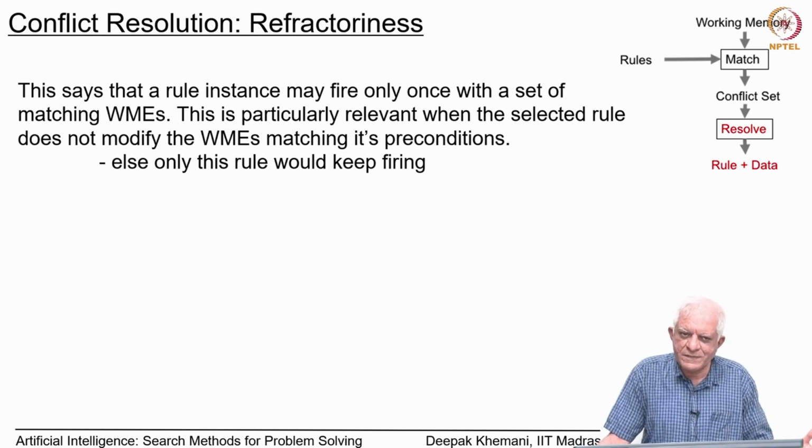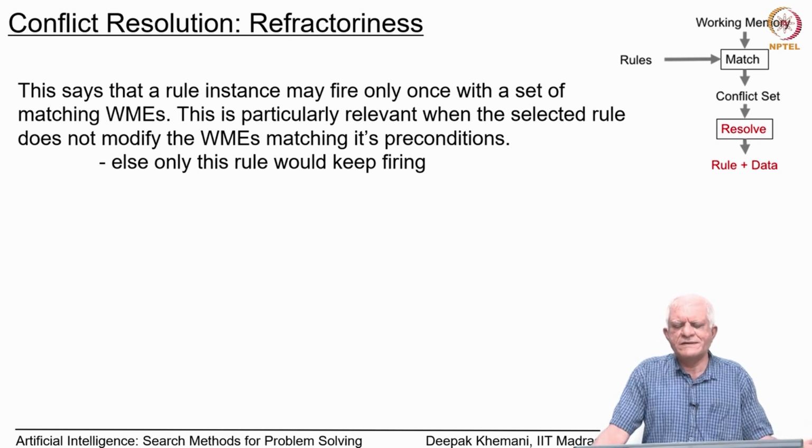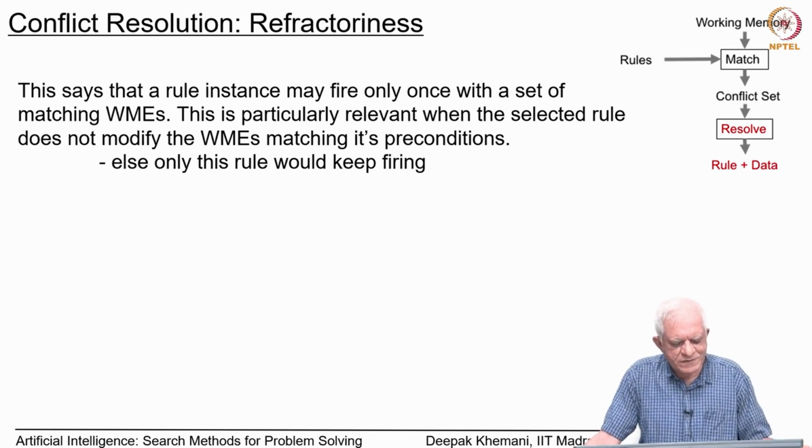If it does not modify them, it will match again in the next cycle. So, we do not want to keep firing the same rule again and again. Each rule with a given set of data, and remember that the data is identified by their timestamps, will fire only once and not more than once, and that strategy is called refractoriness. It is a key part of all systems that we want to implement.